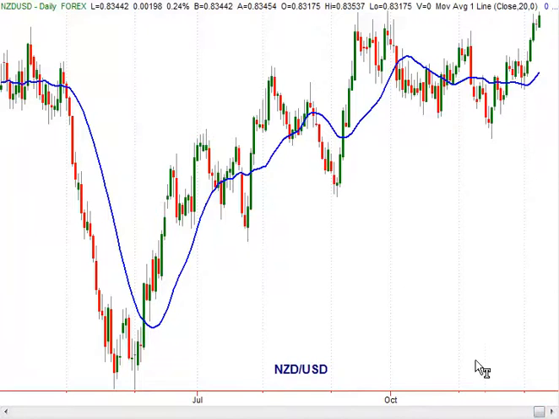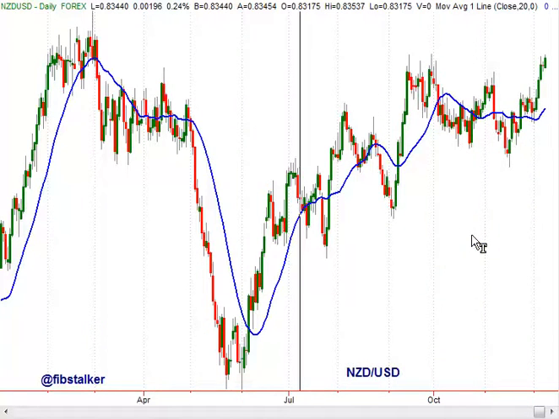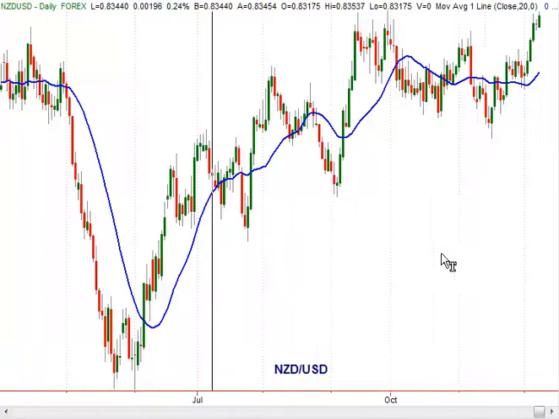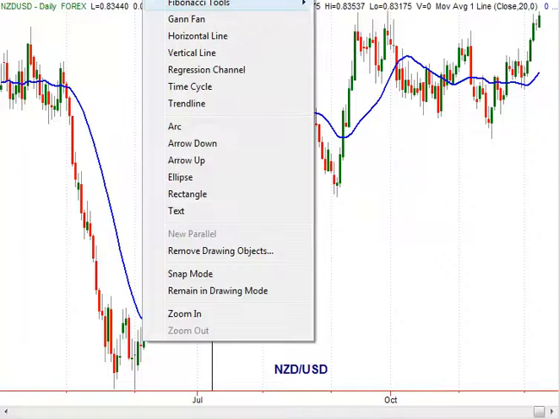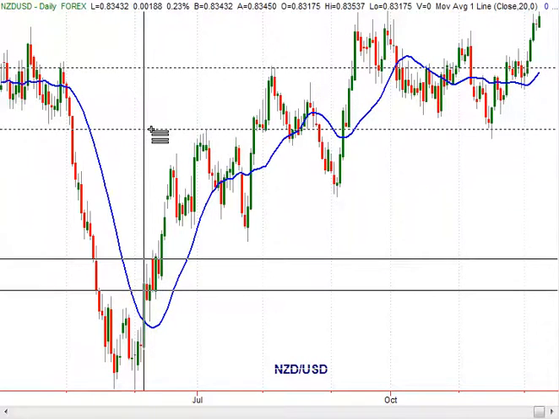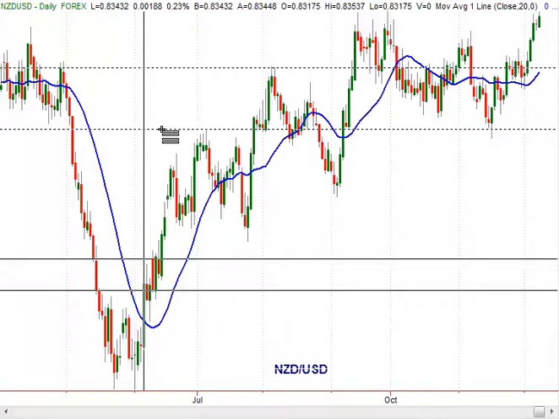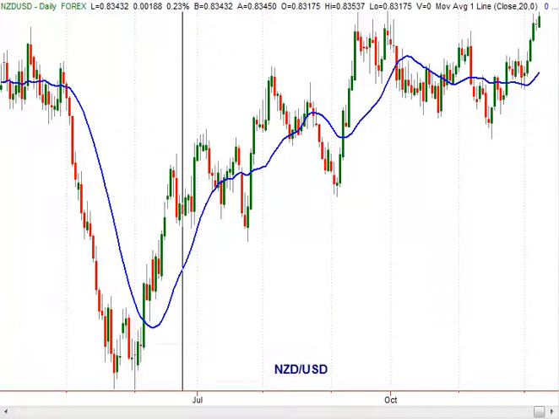As we said, we have support below the lows in April here, and we can study the measured move that we had, starting from the lows. We can see that the price started moving in extensions straight away.